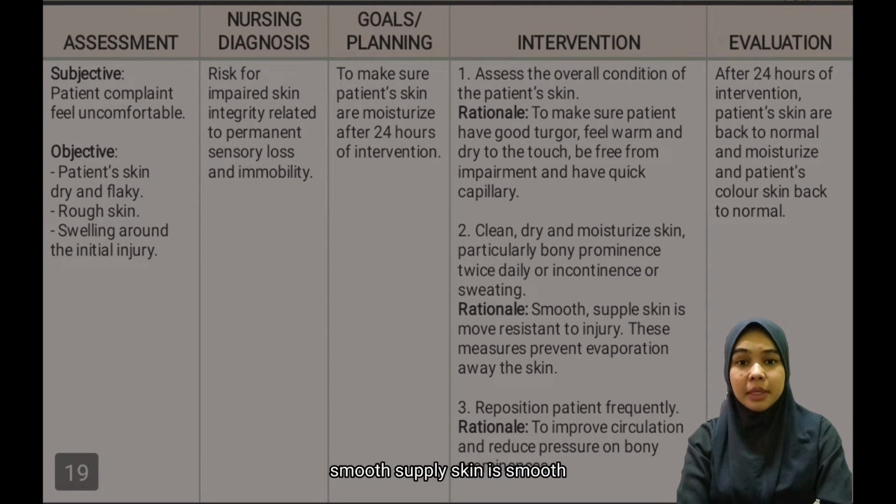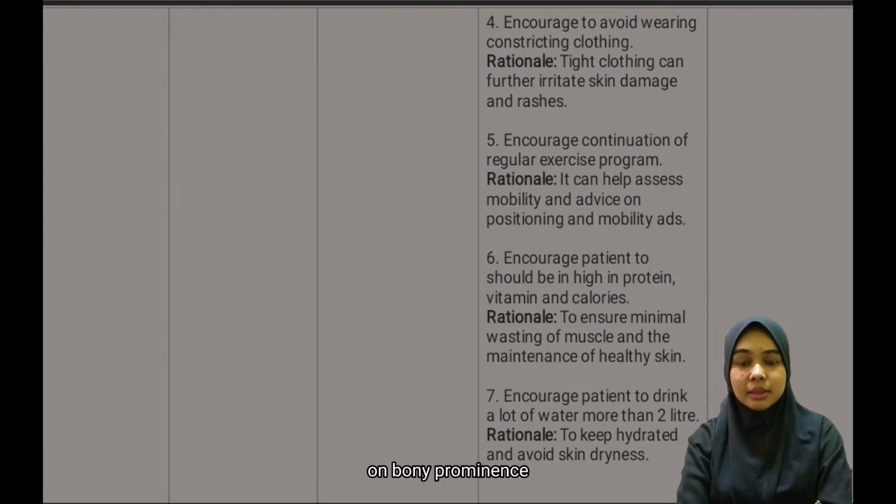Rationale: smooth, supple skin is resistant to injury. This measure prevents evaporation from the skin. Next, reposition patient frequently. Rationale: to improve circulation and reduce pressure on bony prominences.